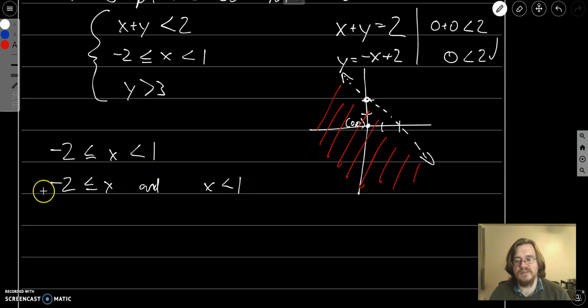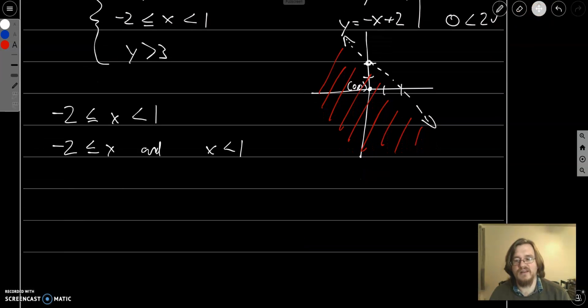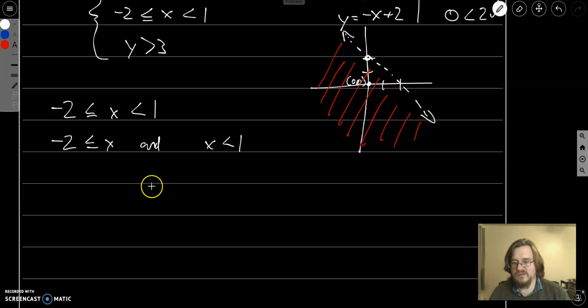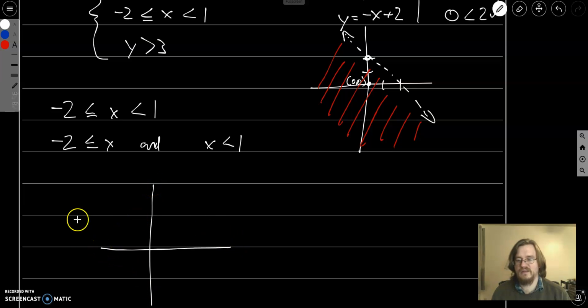Both of these need to be true. So this is where we can draw our lines. Let's graph when negative 2 is equal to x, and when x is equal to 1.